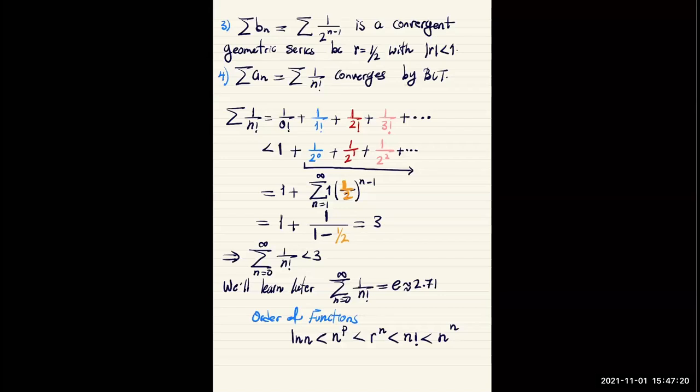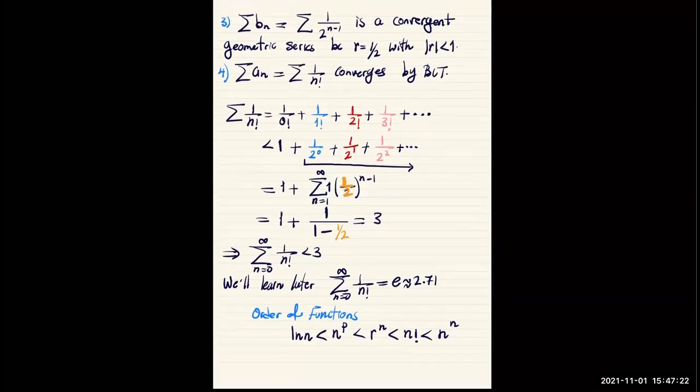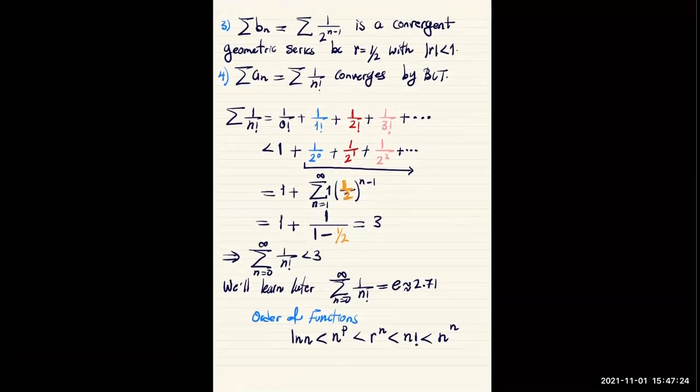Compare it to 1 over n cubed, it is going to work. As long as you pick a sequence that, look at that, n factorial is more than r to the n. It's also more than n to the p. So pick a p series that's convergent.